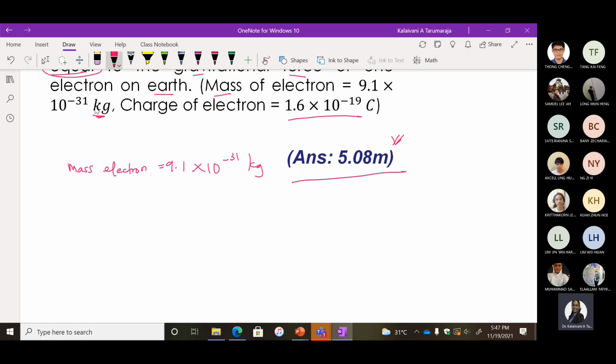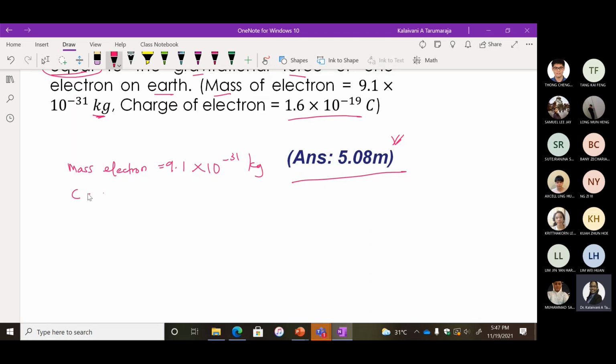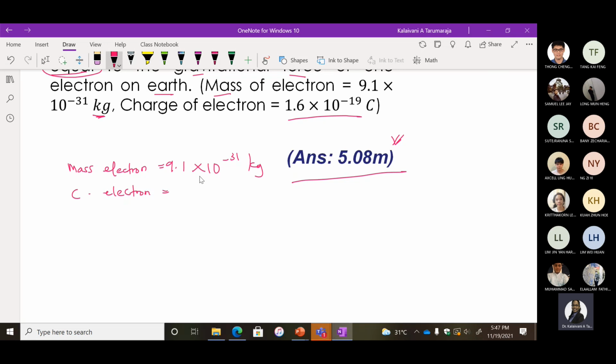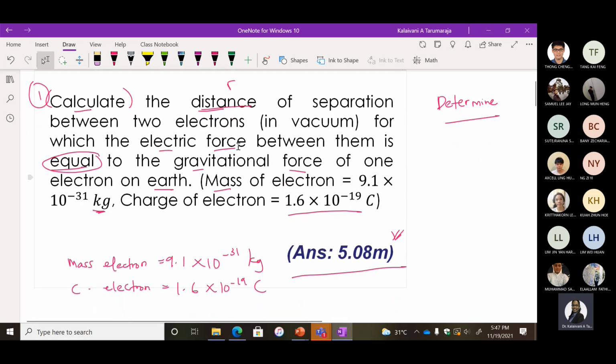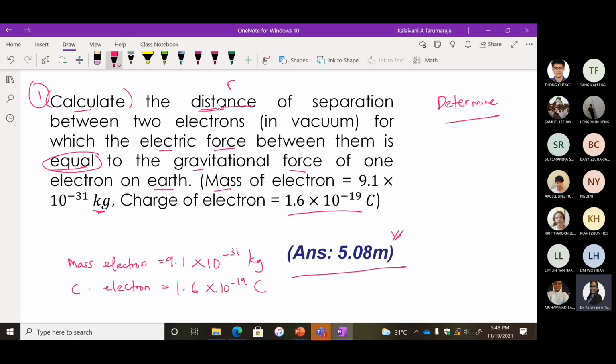Take note, the unit is kilogram. At the same time, the charge of the electron, C, is 1.6 times 10 power minus 19 C. The unit is C. Once I read the question, I need to know what they are asking for. They ask for the distance, which means I need to use the right equation.